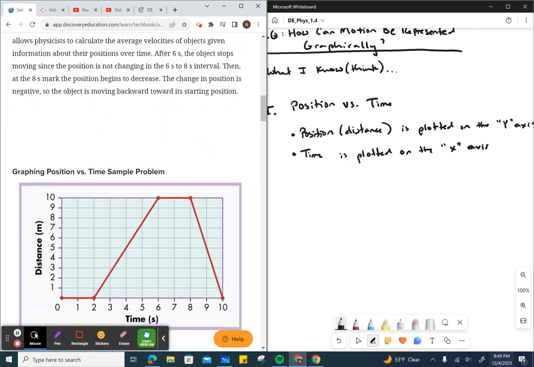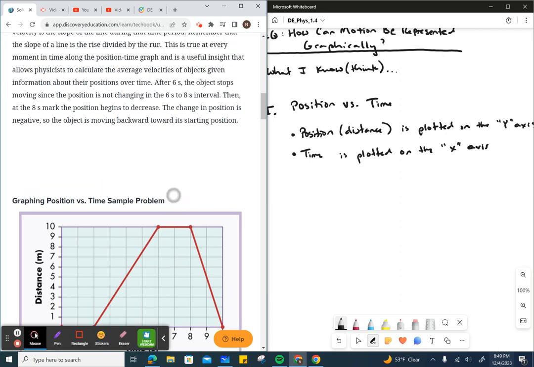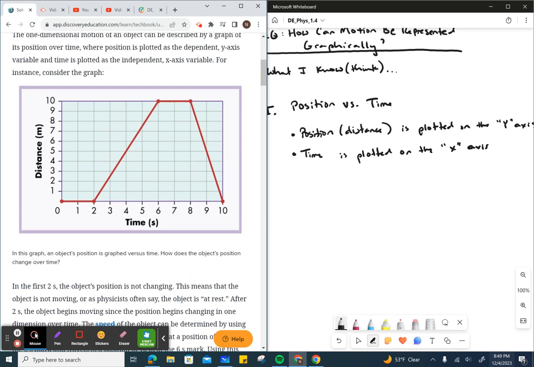I think probably this would be an important thing. Notice that if we go back up here, they talk about what's happening at the 8-second mark. At the 8-second mark, you have a negative slope.